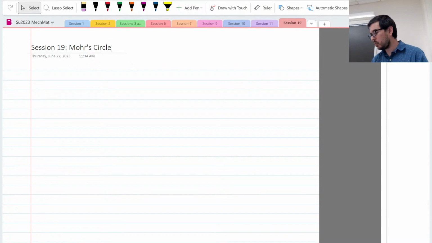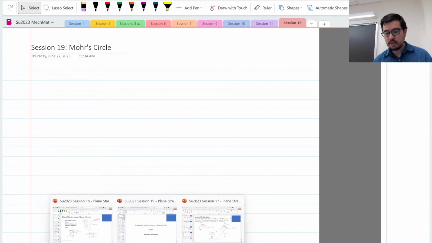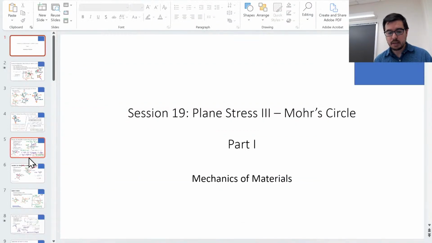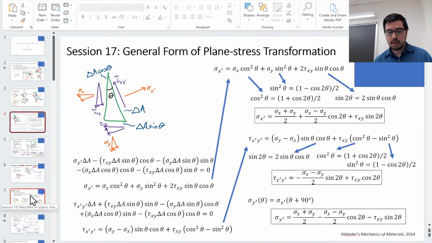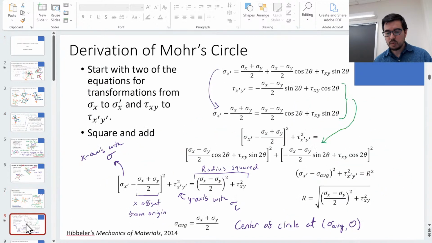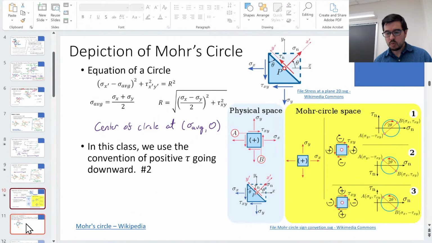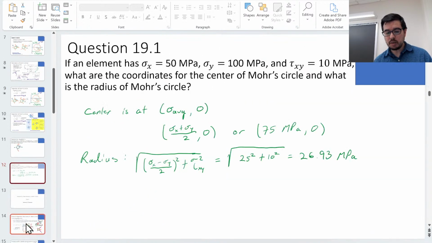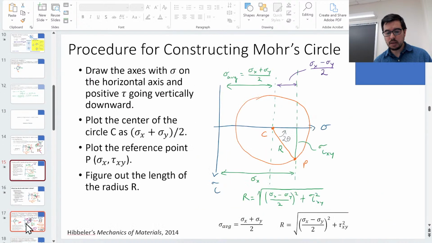Okay, so it's very, very, very useful. Now the steps to doing Mohr circle are outlined in the slides, and you can go through and watch the derivations.